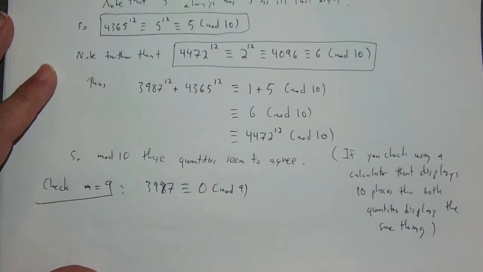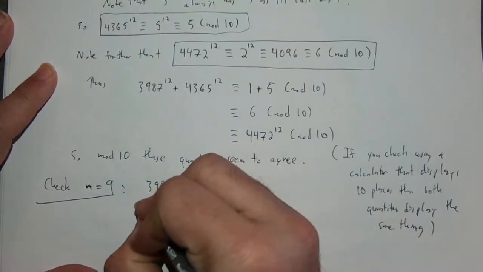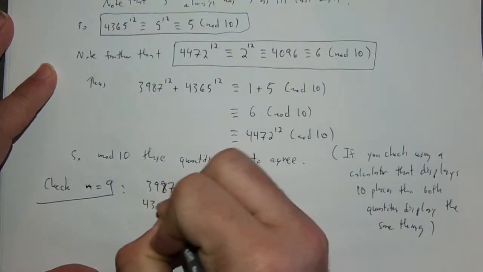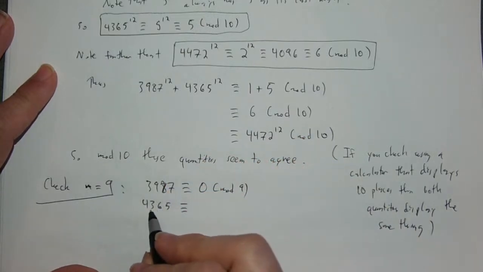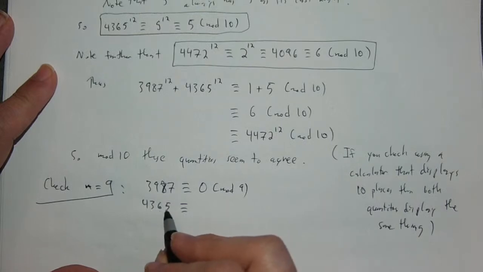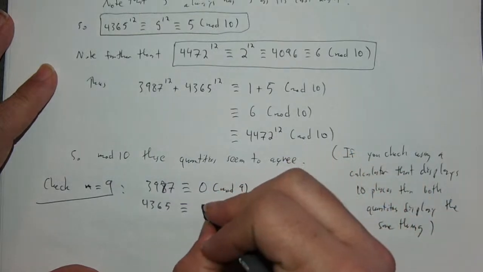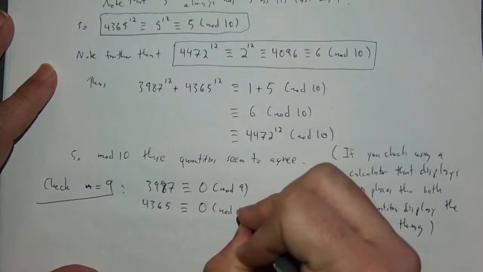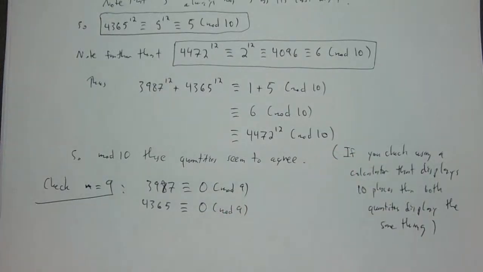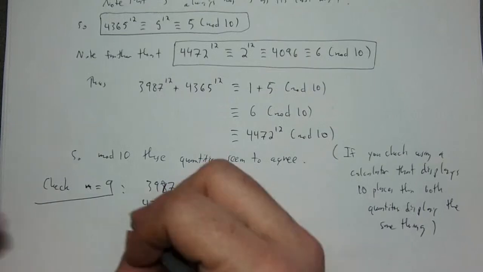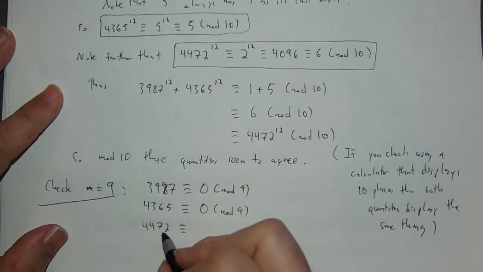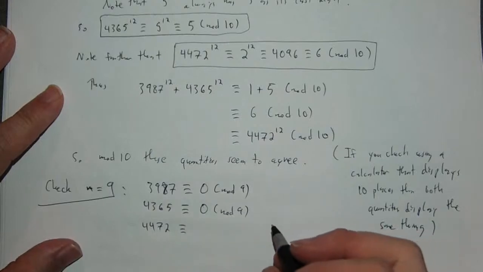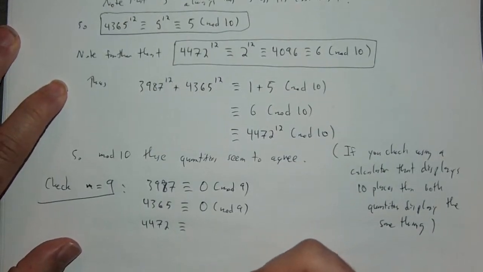It's divisible by 9. 4,365 is congruent to, so 4 plus 3 is 7, plus 6 is 13, plus 5 is 18. That's also 0 mod 9, since 18 is divisible by 9. And then lastly, 4,472 is congruent to: 7 plus 2 is 9, plus 4 plus 4, so 17. That is congruent to 8 mod 9.